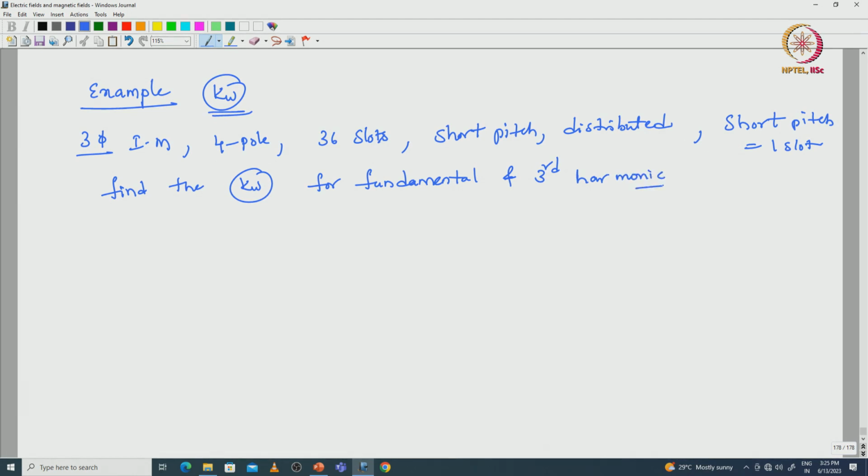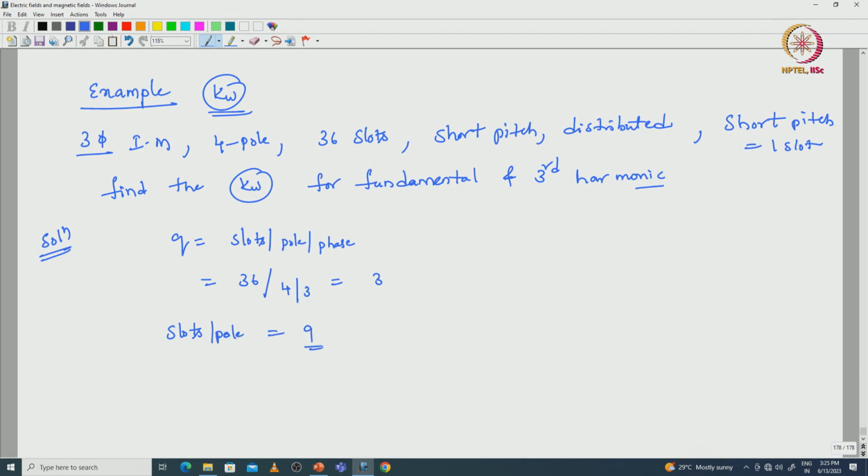Okay. First we will calculate the Q value, slots per pole per phase. Number of slots is equal to 36, poles 4, phases 3, so Q equals 3 slots per pole per phase. Then slots per pole is equal to 9.